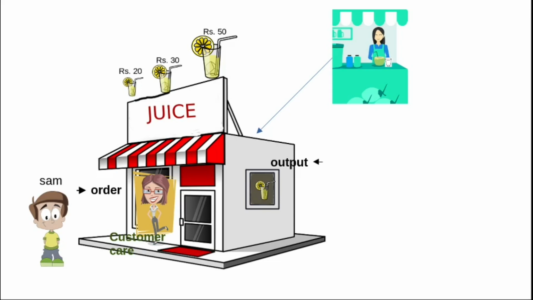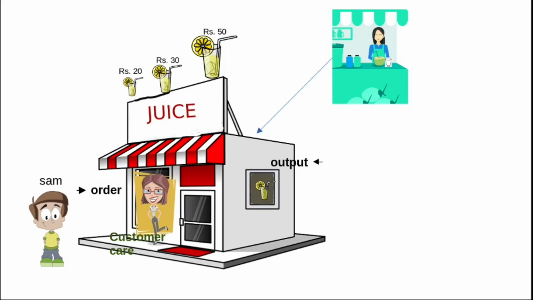Suppose this is an Indian city, and in India specifically, shop owners mix lots of sugar and ice in juice, which is unhealthy. So in India you have to specifically tell what quantity of sugar and what quantity of ice you need while making the juice.